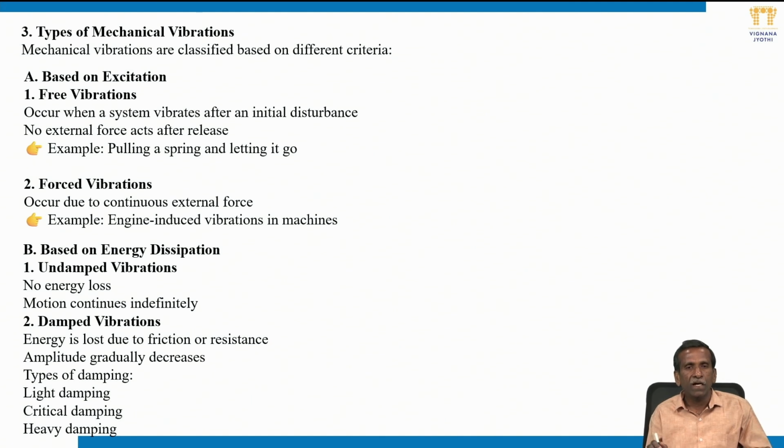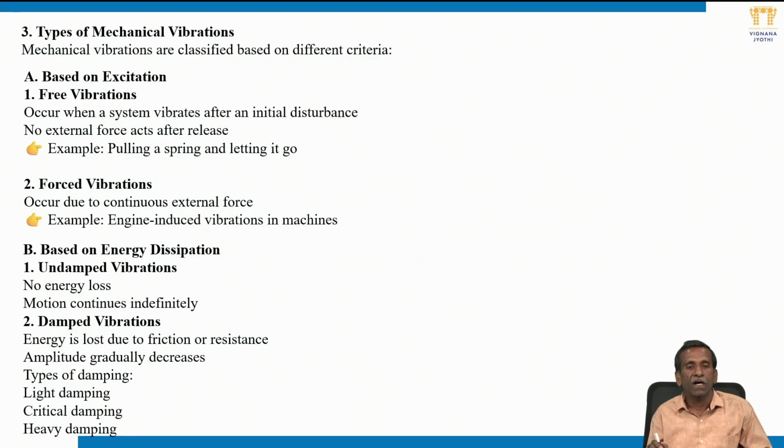The other category, the first one being based on excitation, the second is based on energy dissipation. Energy dissipation means external agency contribution. If it is not there, that is called undamped vibrations. Damping means absorbing energy and making the motion stop; oscillations will gradually die down.